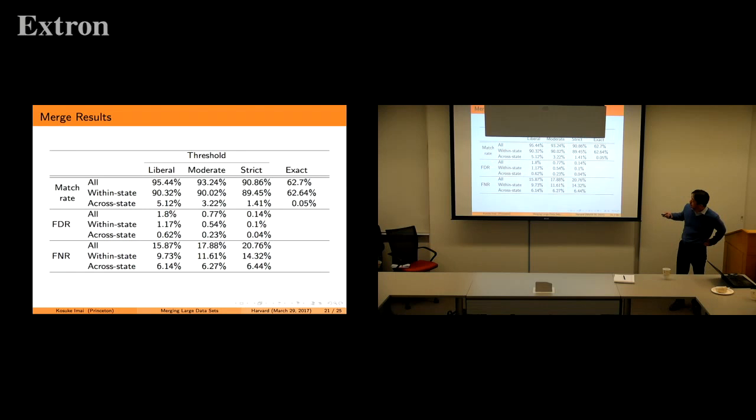I'm confused how you get such a low across state FDR. Is that because it seems like as soon as you look at people across state, if you find anyone in the United States that's registered with your same name and your same birthday, that's all you have to go on. It seems like you're almost guaranteed to find somebody somewhere that matches you if you have a common name.